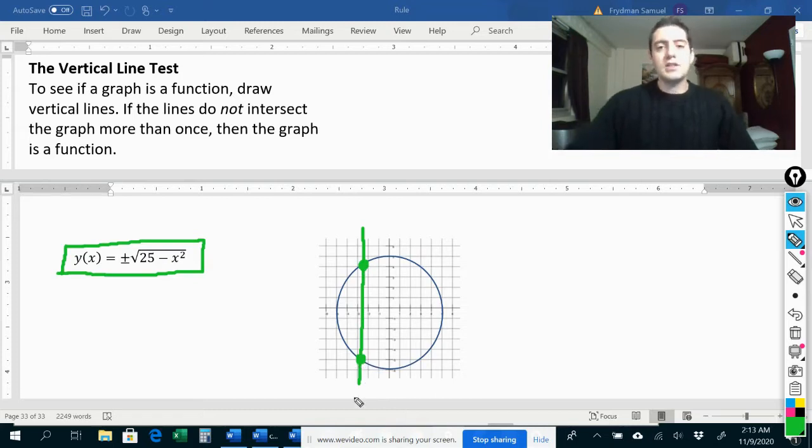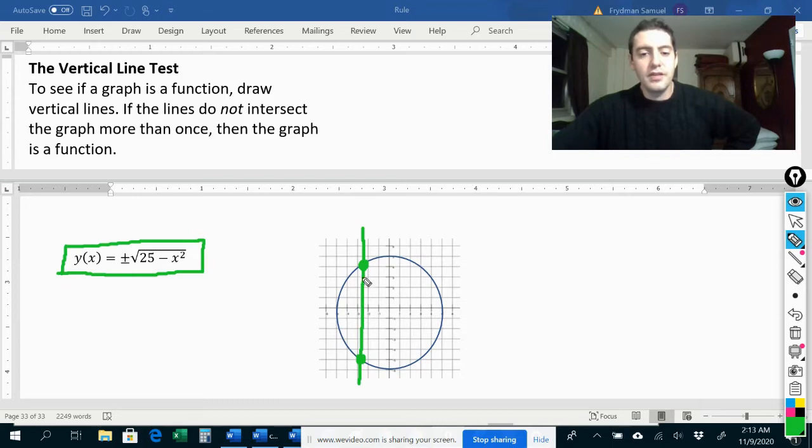And that should make sense if you've been watching my other videos, because what does it mean if this intersects the graph twice? That means that for this input over here, so remember this is the x-axis here, this value of x actually has two outputs.